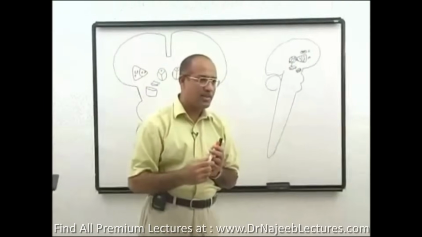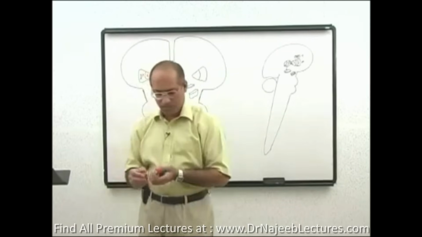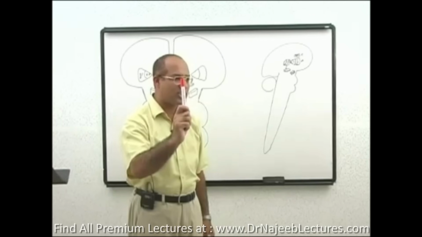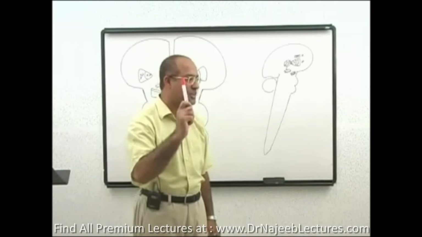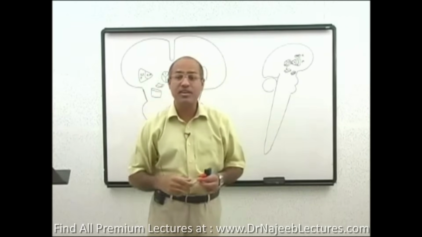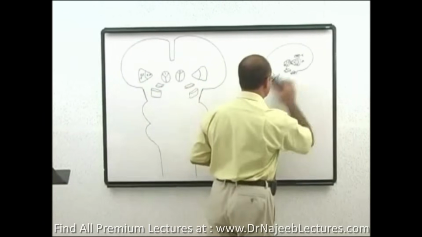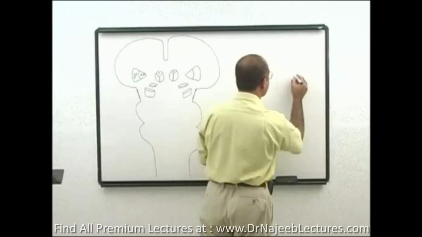First of all, let's suppose I plan to pick up this marker. Where was the thought initiated, and which was the area in the central nervous system which really thought to initiate the movement? That was the premotor area and prefrontal area, right? Again, let me show on the side view where the thought for the movement started.